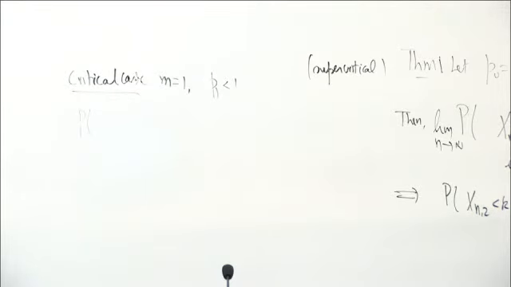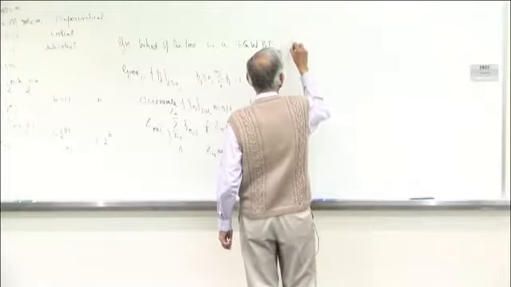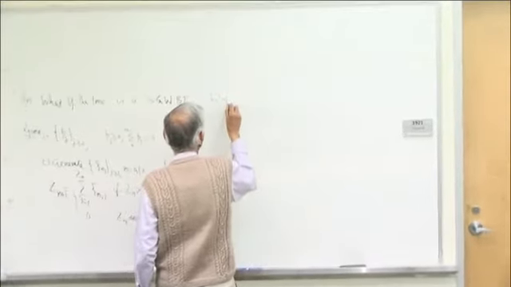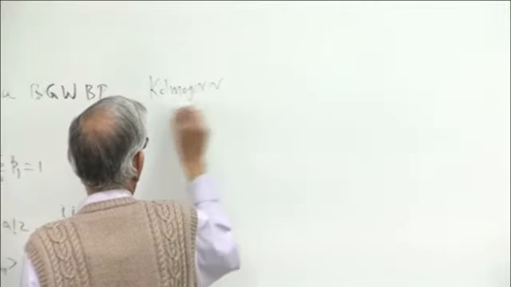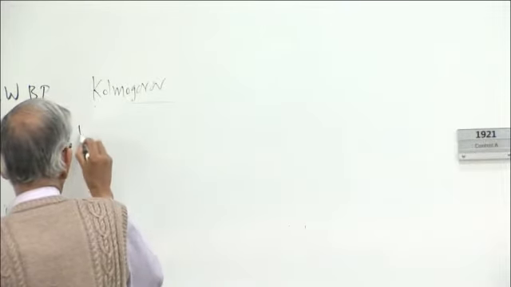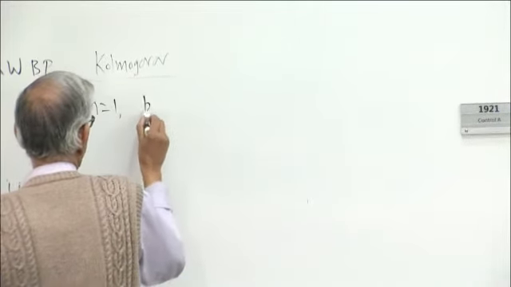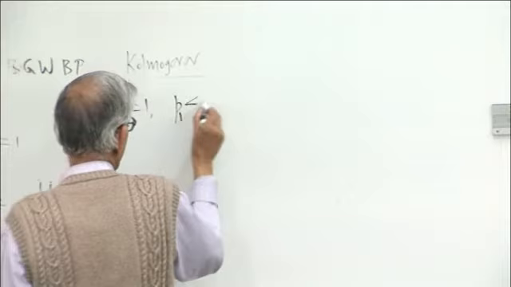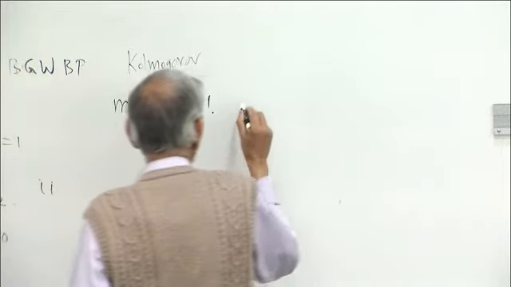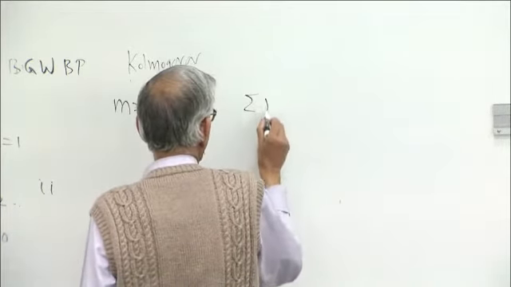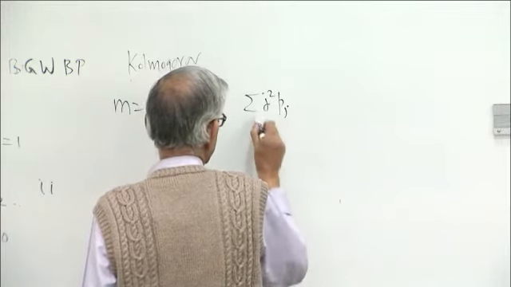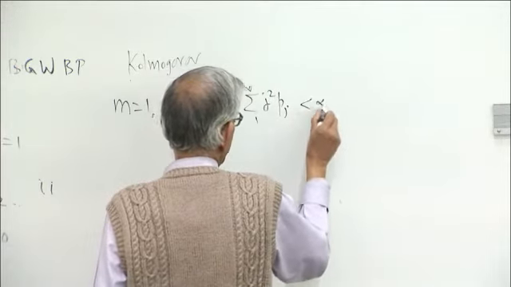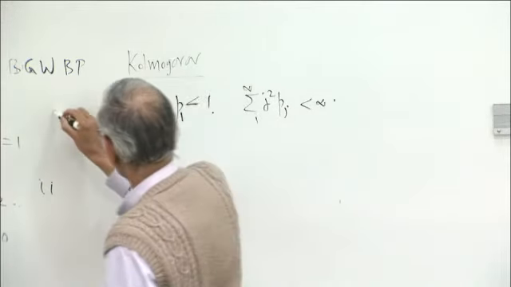So let me quote that result for you. So m equal to 1, and then p1 is less than 1. And supposing you assume that the finite second moment exists. So assume all of these 3 conditions.